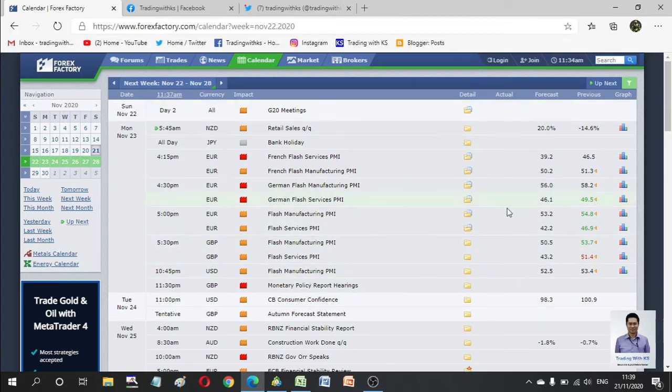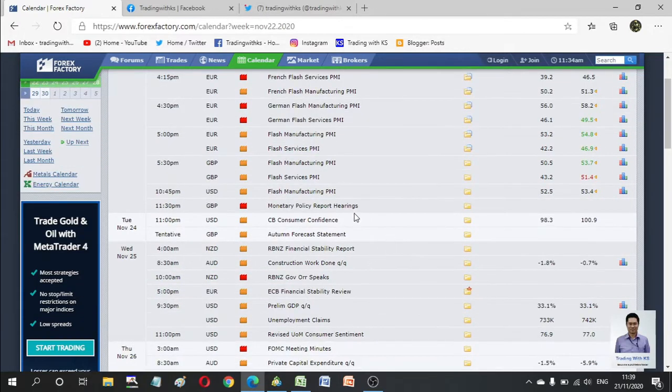So all the industries are expecting to have less production, a lesser result, not as good as previous. So it's a negative result for all the currencies on Monday. And if the result goes even worse, then there will be an even worse sentiment for the euro, pound and USD.